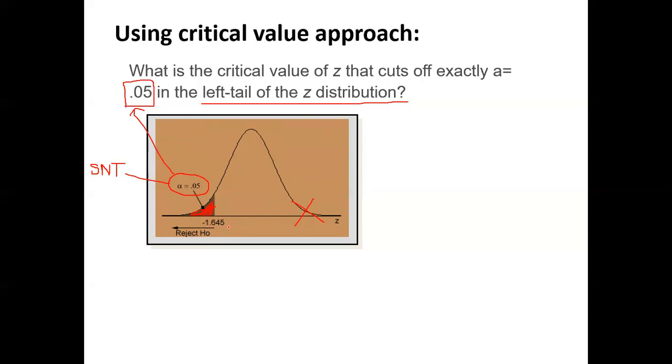Actually, when you find the Z value in the standard normal table, you will see that it falls between negative 1.64 and negative 1.65.